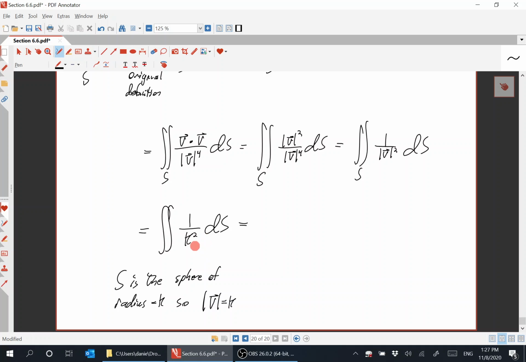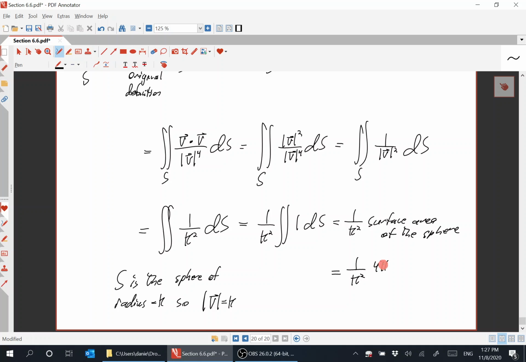So this is a constant, so I can factor it out. 1 dS, which is equal to 1 over k squared times the surface area of the sphere, which is 4 pi k squared. That's a known formula. I think we didn't actually ever calculate that. Maybe we'll do that as an example.